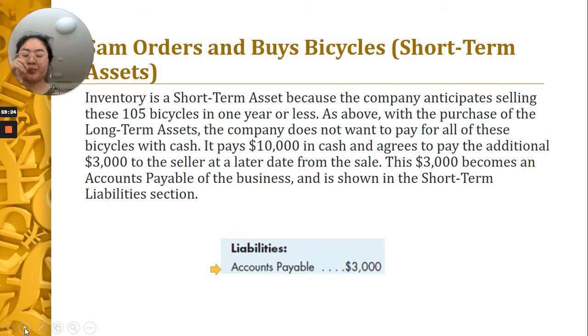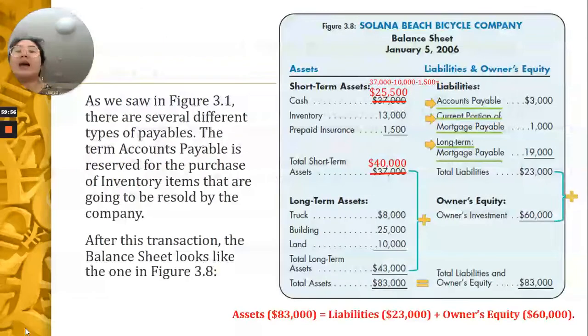It means that we need to record minus 10,000 in cash, but how is the 3,000 recorded? These 3,000 become an account payable of the business, shown in the short-term liability section. In the liability section, you add the account payable of 3,000.